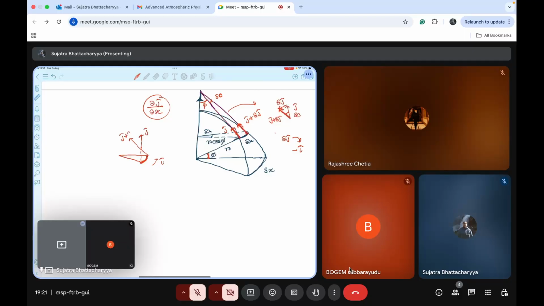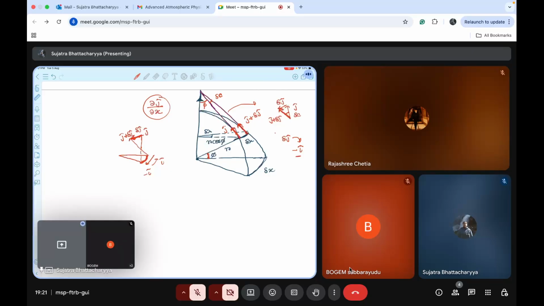So this is what is happening, and this is your delta j hat, this bold arrow, and you can see that its direction is opposite to this. So this will be in the minus i hat direction. Just remember. But what will be its magnitude is the question.